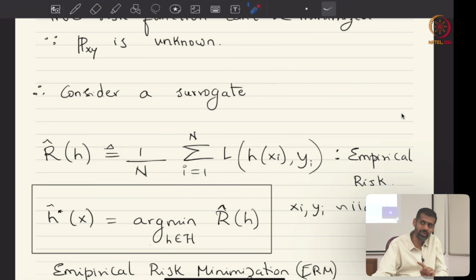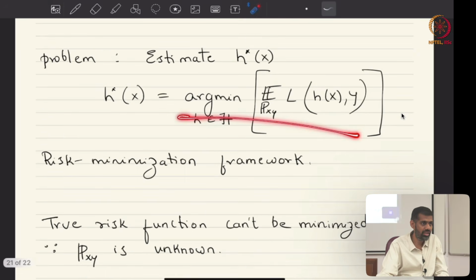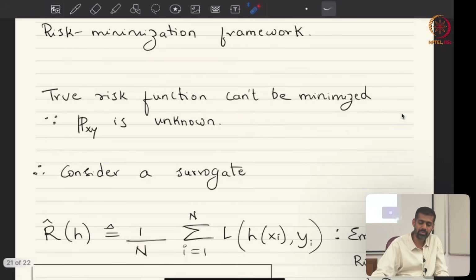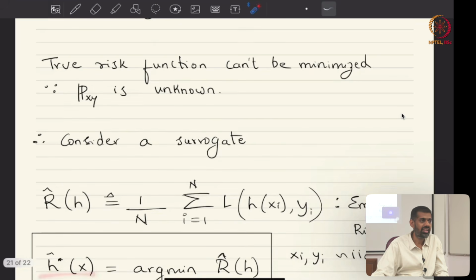That means nothing to us. What we are actually interested in is the convergence of the minimizer of the empirical risk to the minimizer of the true risk. I am not guaranteeing anything on that. I am only saying that the empirical risk converges to the true risk. I am not saying that the minimizer of the empirical risk converges to the minimizer of the true risk. That is the central question in machine learning.